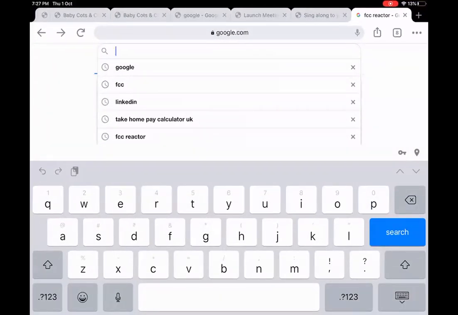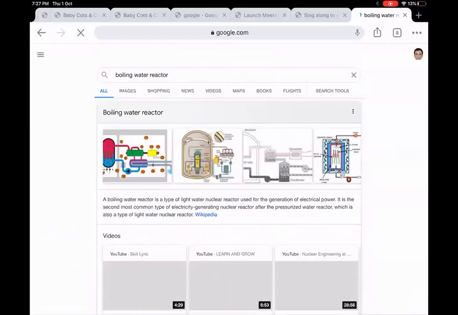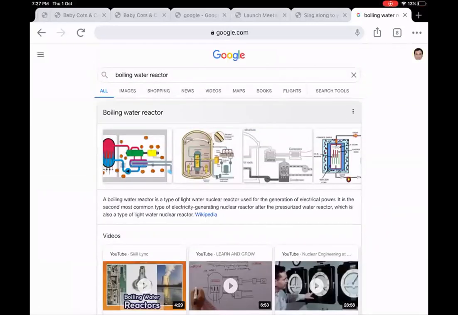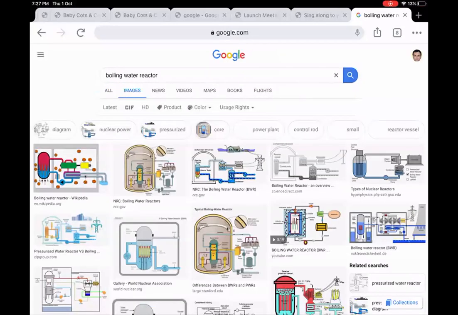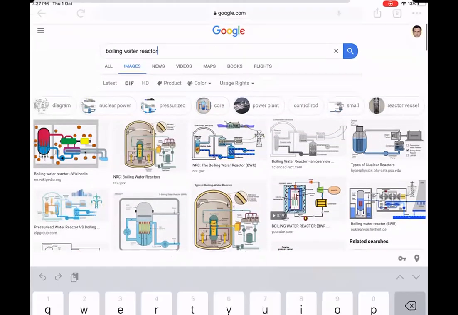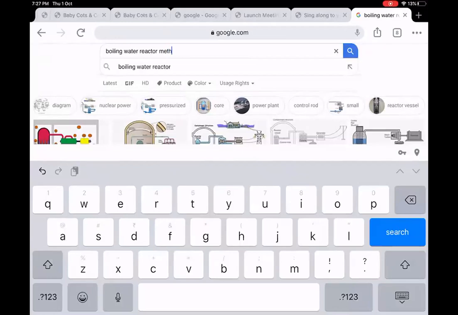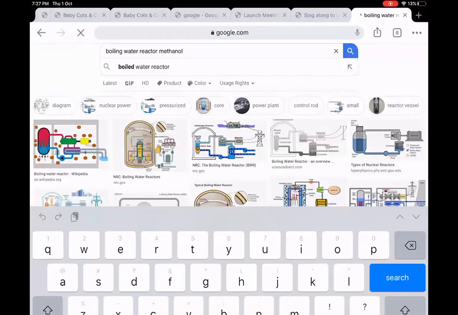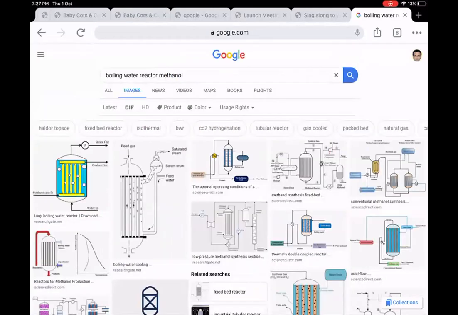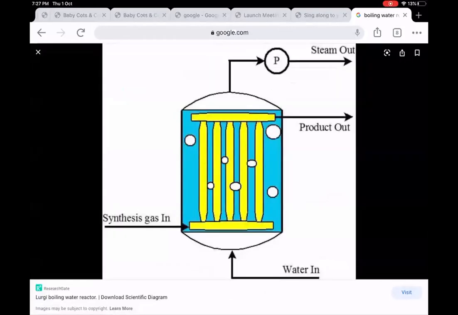Let's say a boiling water reactor. This is what I have shown as methanol reactors. So methanol reactors are like this, boiling water type. How do methanol reactors work?